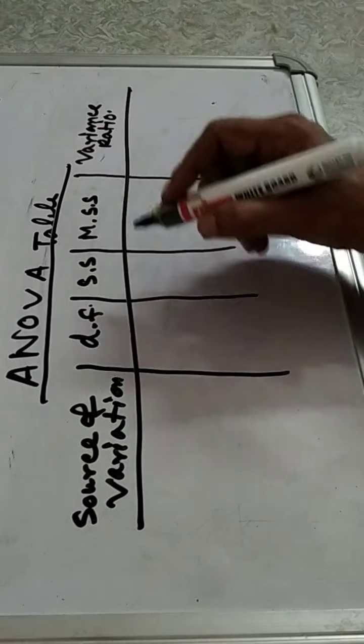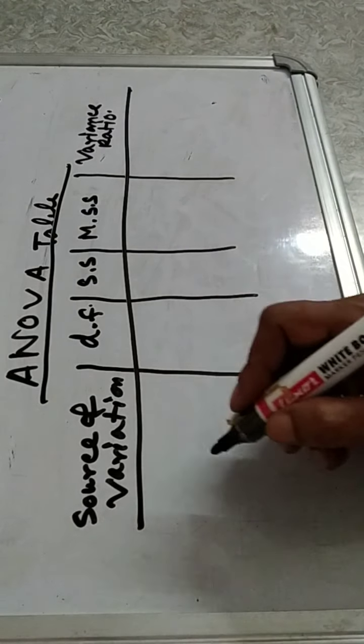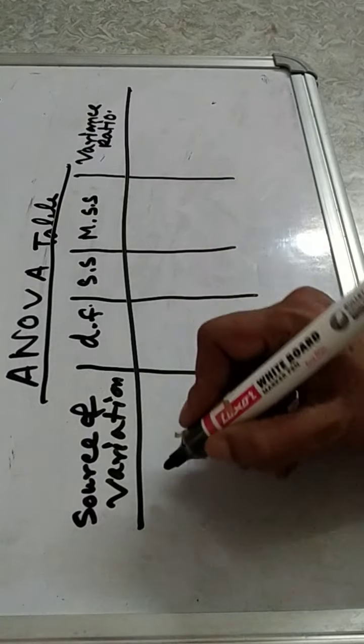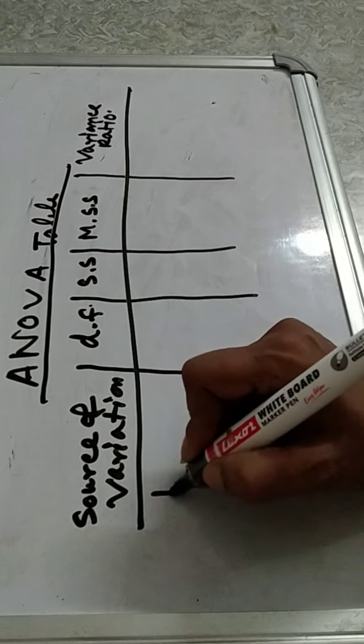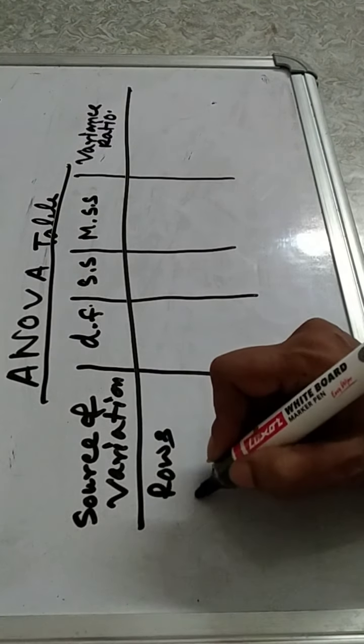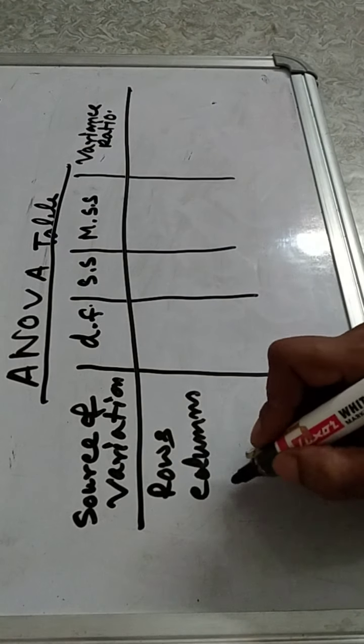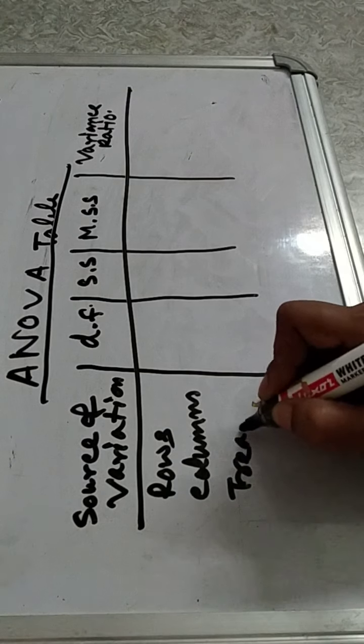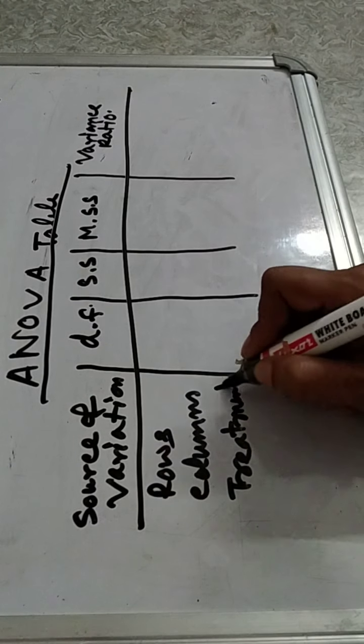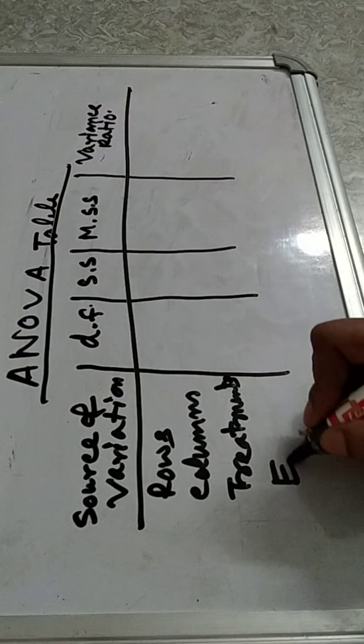This is our ANOVA table. Here the sources of variation are rows, columns, treatments, and error.